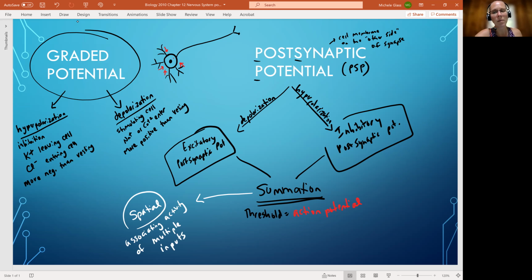So you're not getting the inputs at exactly the same time, but you're getting those inputs and putting them together to determine whether you get to threshold or not. In the case of temporal summation, you're getting multiple action potentials from a single cell.